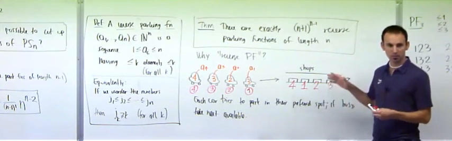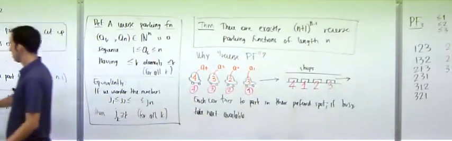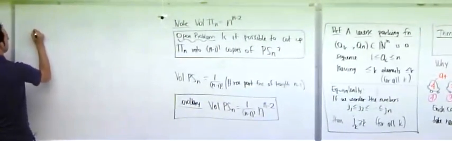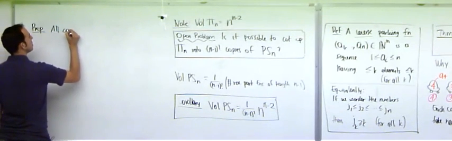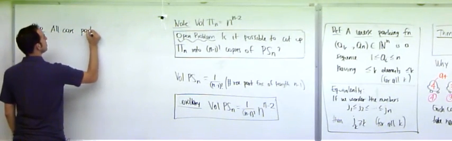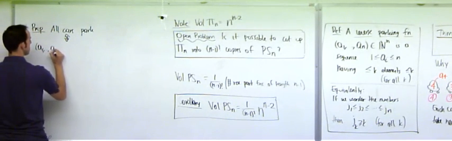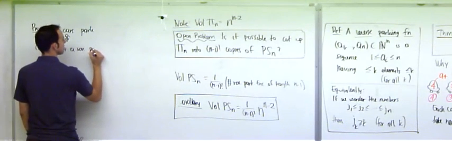So is it clear what the statement is that I'm making? Okay, so proposition: all cars can park if and only if A1 up to An is a reverse parking function.